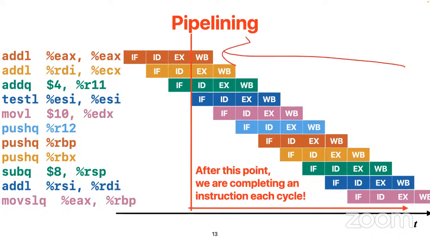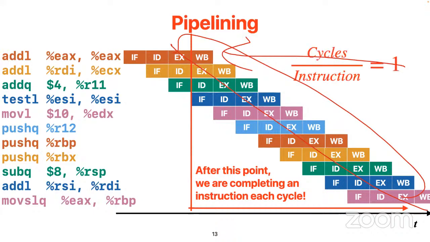If I'm the observer, I will see that every cycle, whose cycle time is a lot shorter than the previous design, I can see an instruction being produced. So the same CPI, because if each cycle generates 1 instruction, it's still the same CPI, but the cycle time is a lot shorter. With pipelining, you can make the cycle time a lot shorter, but the CPI is still maintained.